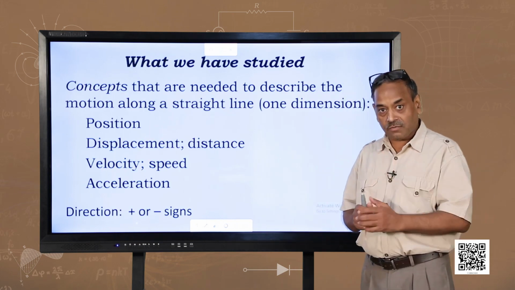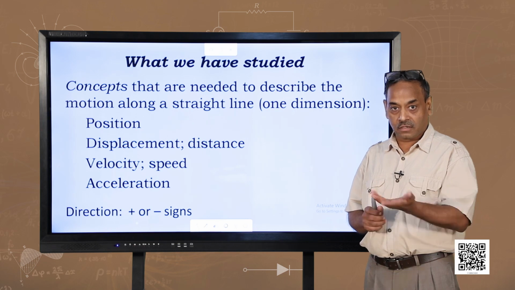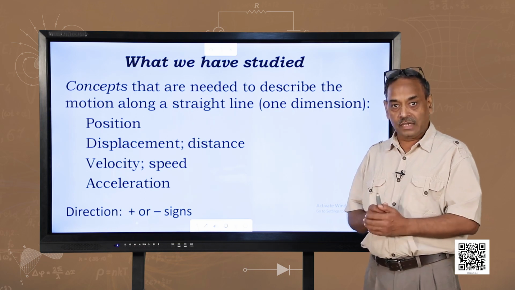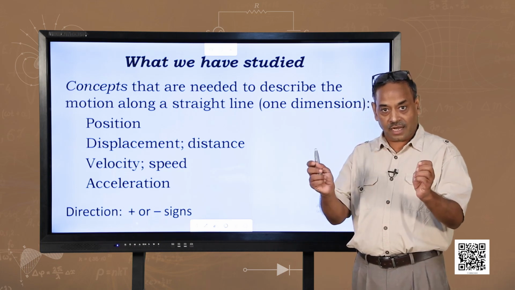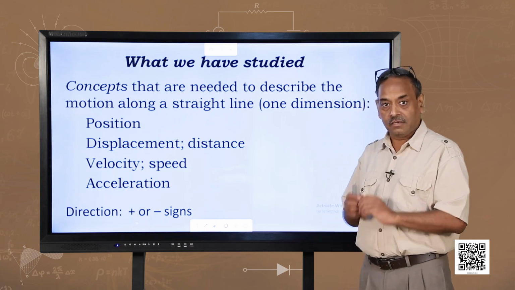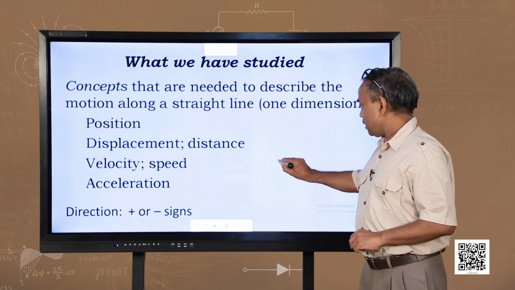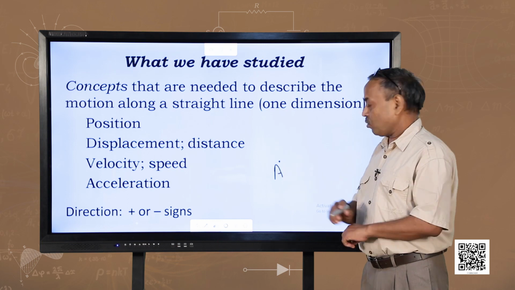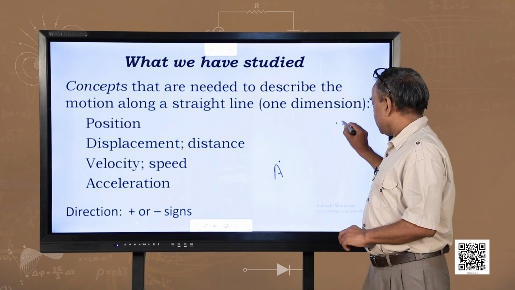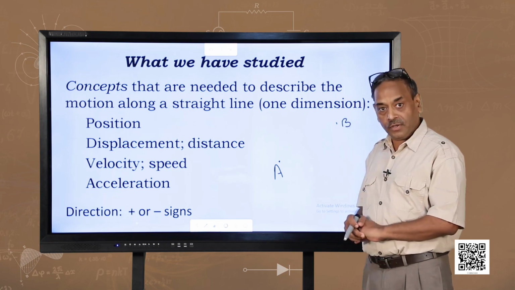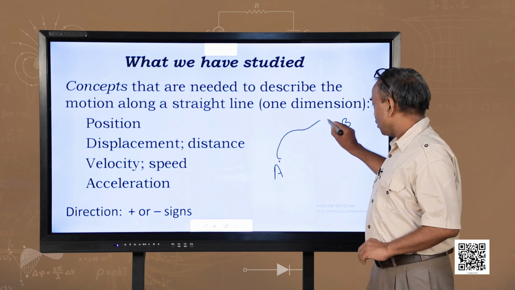Let me first revise what you have already studied in class 9th or in class 11th in chapter 3. While discussing the motion of an object in a straight line, let me go with an example. Say you are at point A, maybe your home, and you are supposed to go to your school, which is located at point B. Often when we do this kind of motion, we go according to the roads.